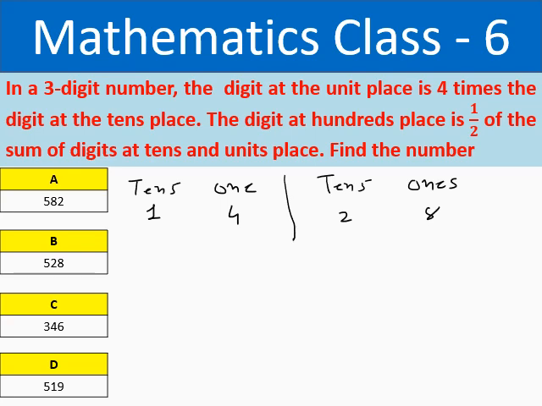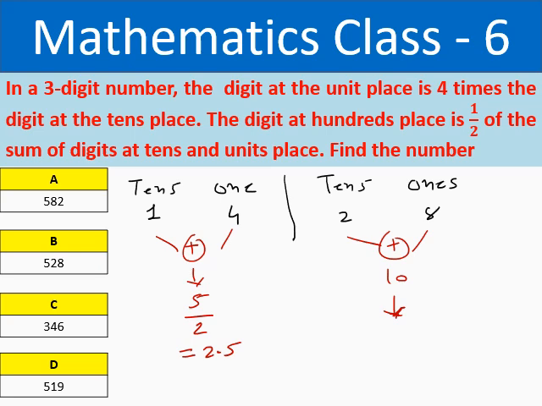Now the digit at the hundreds place is 1 upon 2 or half of the sum of the digits. So now if we do the sum of these digits, then it becomes 5. Here if we do the sum of the digits, then it becomes 10. Now the digit at the hundreds place is half of the sum of the digits. So now here if we take half of this, then we'll get 2.5, which is not a valid digit because it is a fractional number.